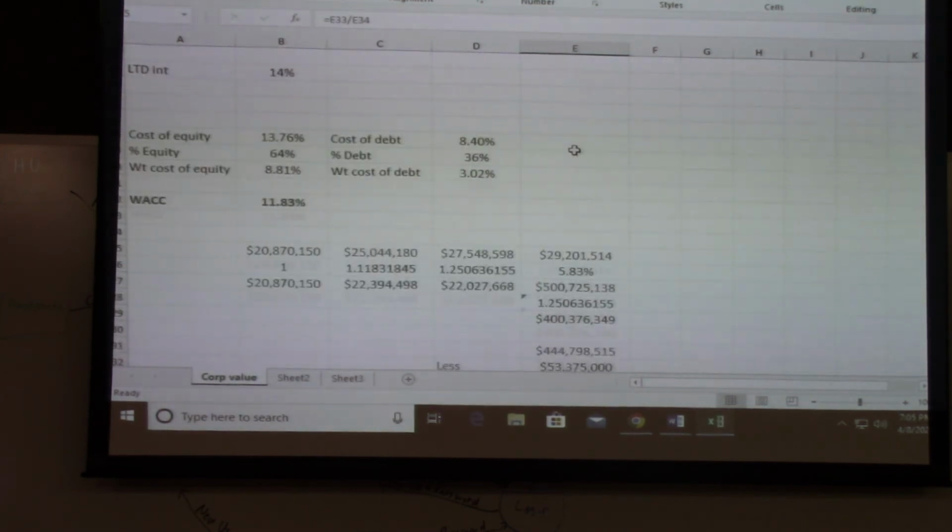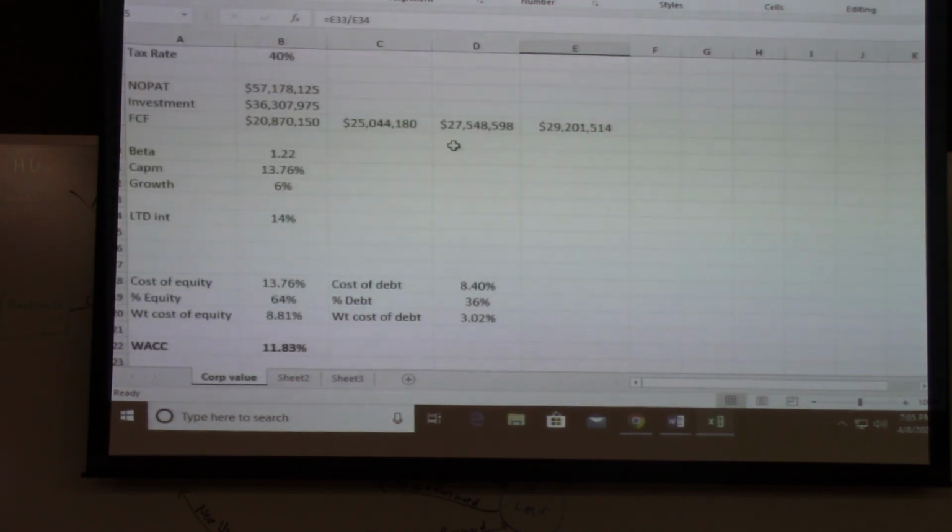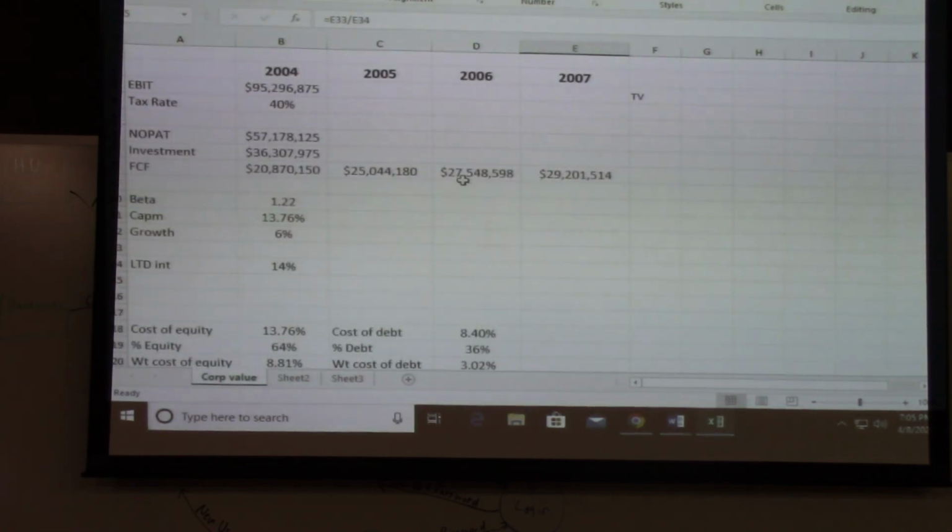So to summarize, using Lisa's approach, we take EBIT times 1 minus the tax rate, and we get NOPAT. We subtract out the amount the company spent on property, plant, and equipment, and we get free cash flow. We increase it 20% in 2005 and 10% in 2006. Then we find the present value of that using the WACC. Then we find the terminal value.